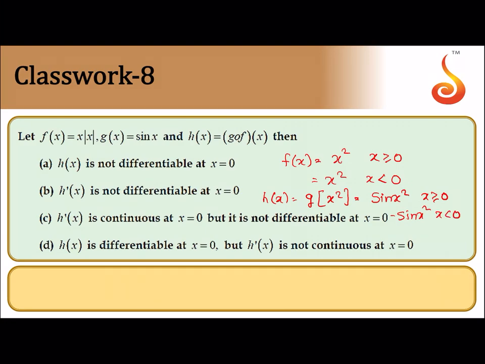So h(x) is nothing but g of f(x). f(x) is x square, so you get sin x square whenever x is greater than or equal to 0, and minus sin x square whenever x is less than 0. This is minus x square.